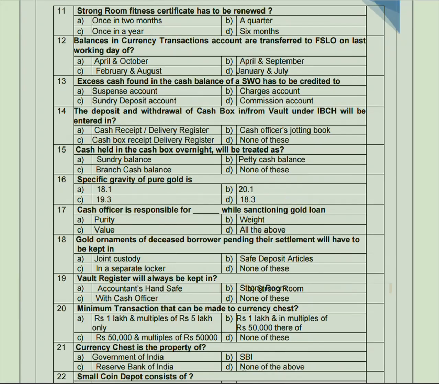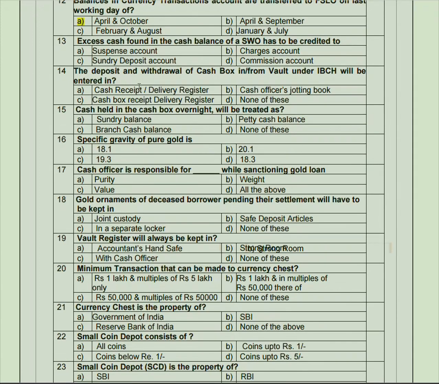11th question, strong room fitness certificate has to be renewed once in a year. Balances in currency transactions account are transferred to FSLO on last working day of, let's say... So in currency transaction accounts, they are transferred to FSLO on last working day of April and October. 13.